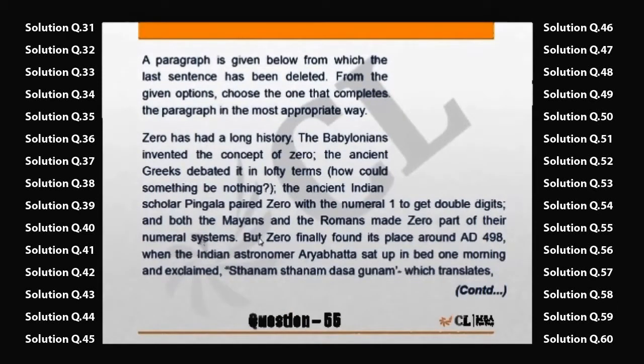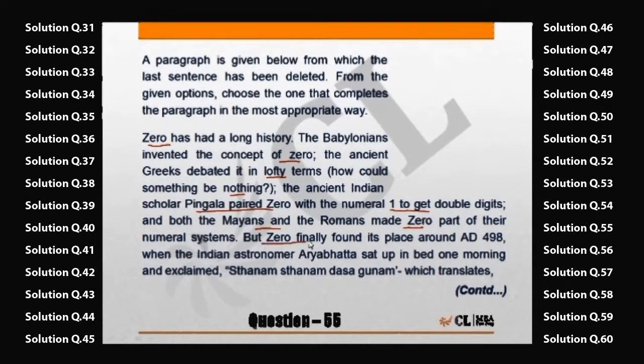Question 55. A question of para completion. Let's read the para and then look at the choices. Zero has a long history. The Babylonians invented the concept of zero. The ancient Greeks debated it in lofty terms. How could something be nothing? The ancient Indian scholar Pingala paired zero with the numeral 1 to get double digits, and both the Mayans and the Romans made zero part of their numeral system.